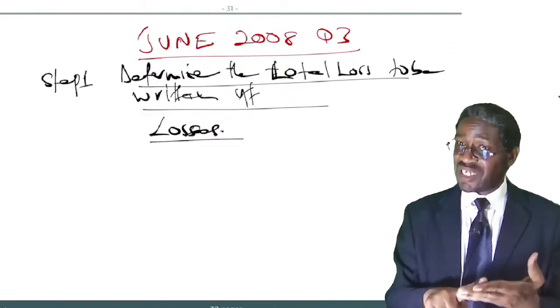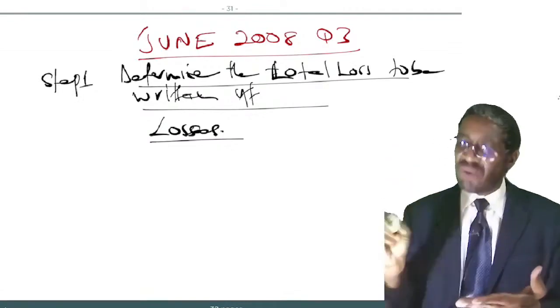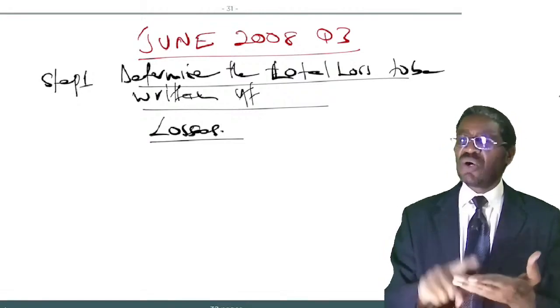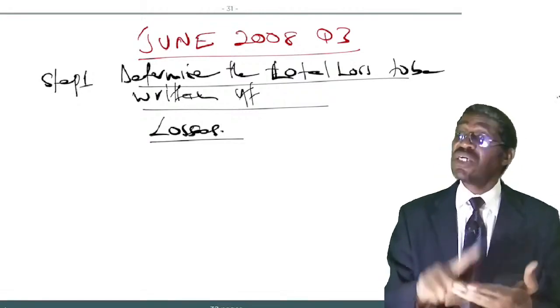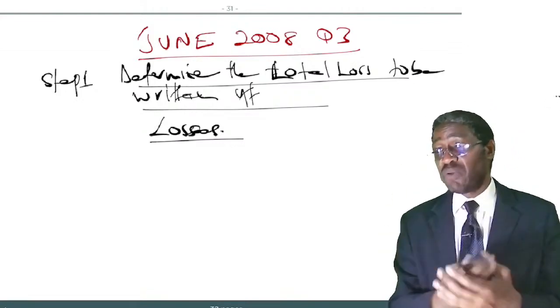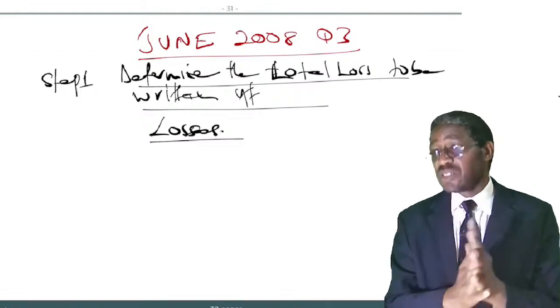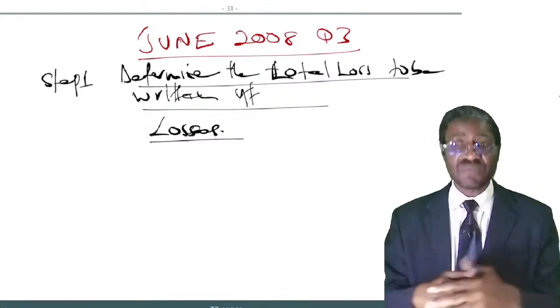Next, after that, I told you another component of loss is the accumulated loss. I told you whenever you are reconstructing the company, accumulated losses must be written off. So this company has a loss. You remember I showed you the in balance sheet, in bracket, that was an accumulated loss. So it must be written off. So that we shall bring also.